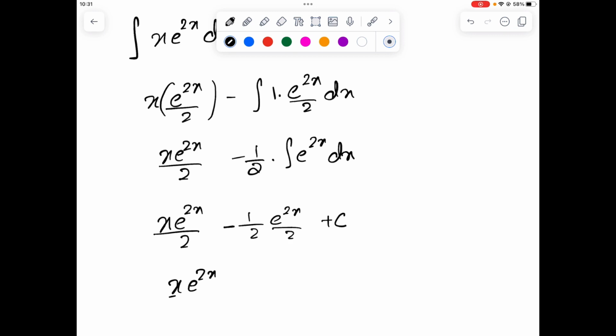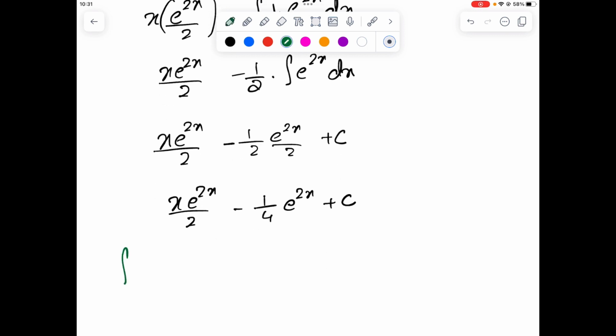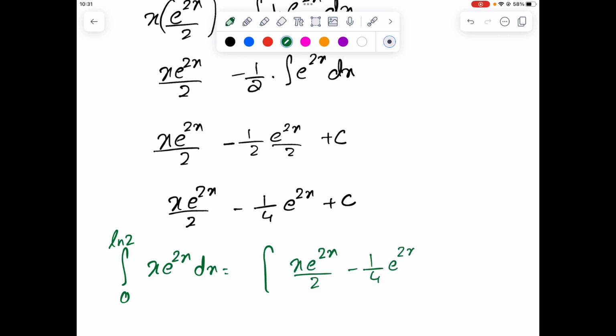So what does that become? X e power 2x upon 2 minus 1 upon 4 e power 2x plus c. But now it is a definite integral, meaning 0 to ln 2. So it becomes x e power 2x upon 2 minus 1 upon 4 e power 2x from 0 to ln 2.